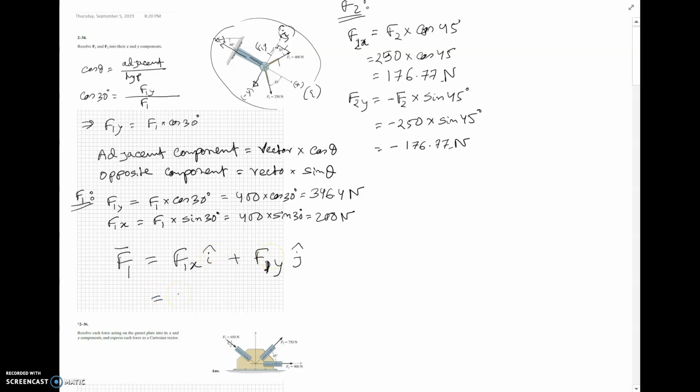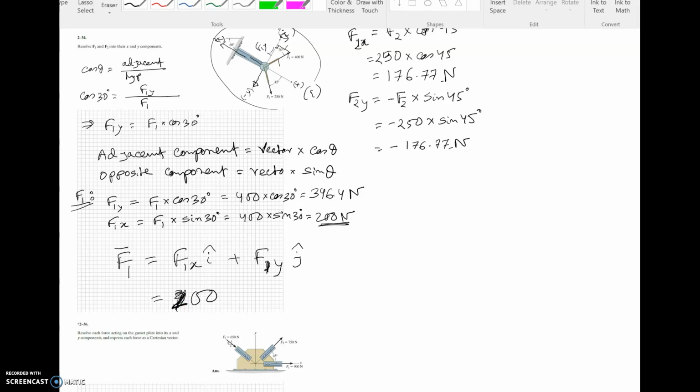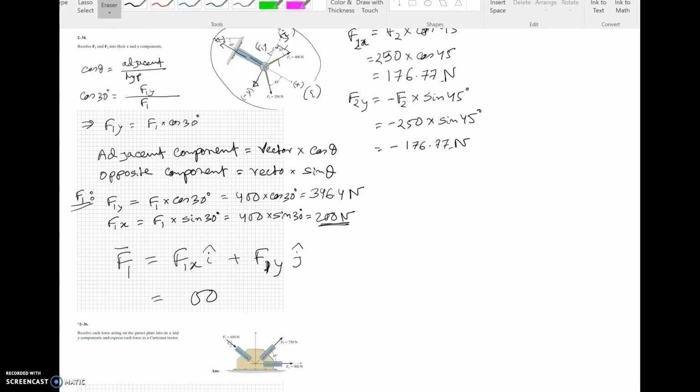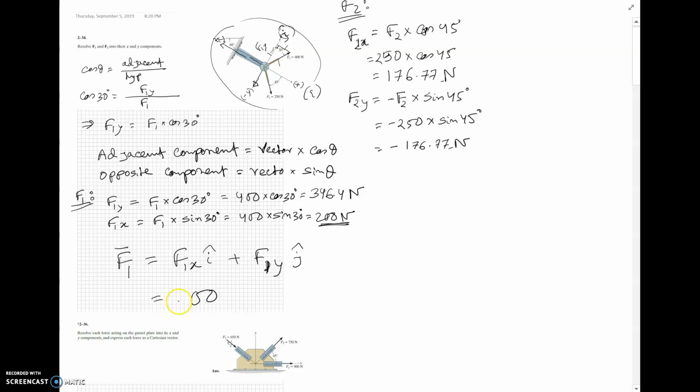Putting in the values we have acquired, F1 is 200 i plus 346.4 j, and the unit is Newton.